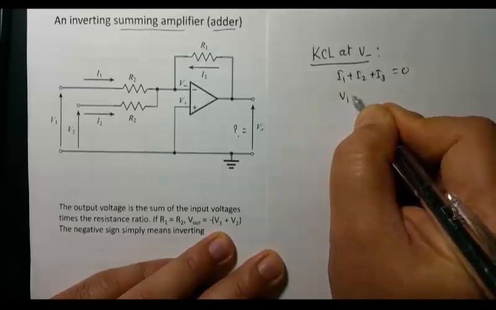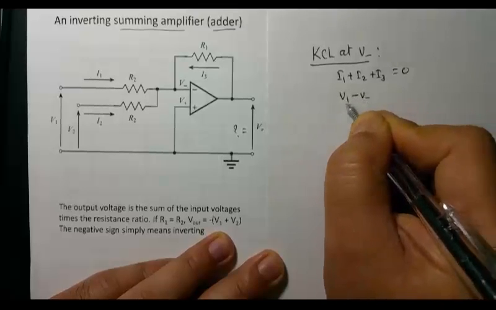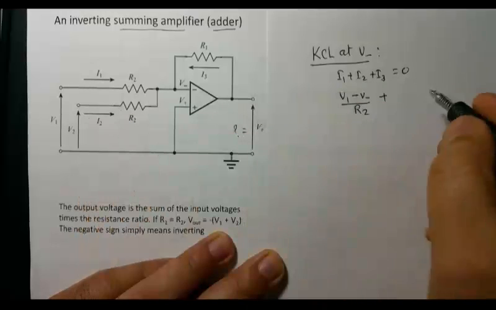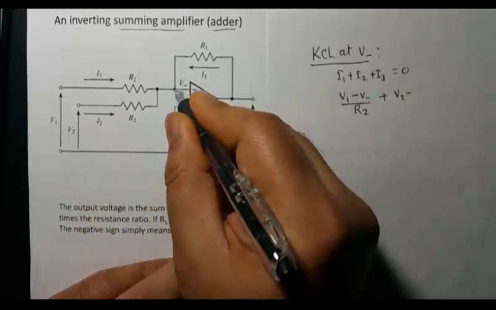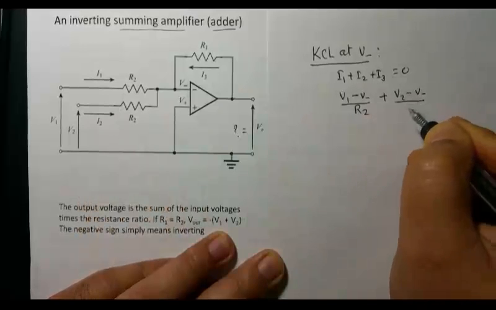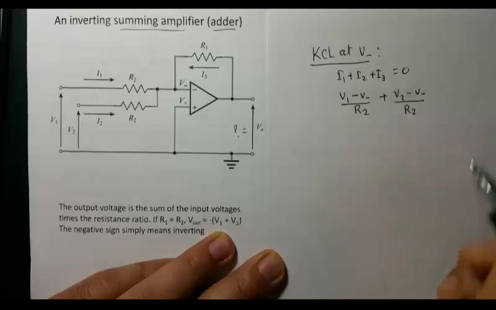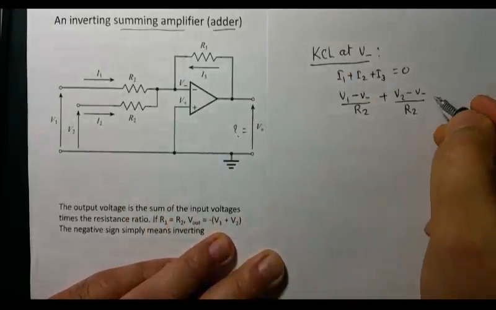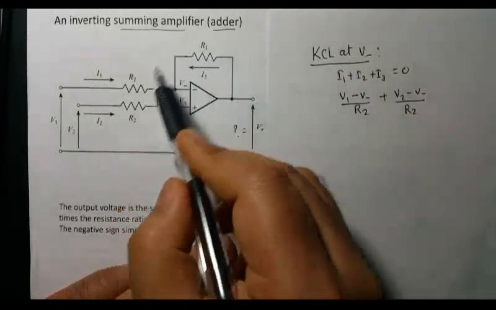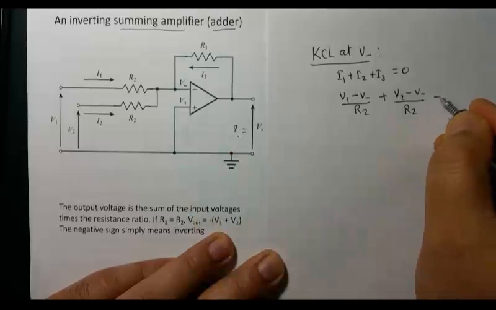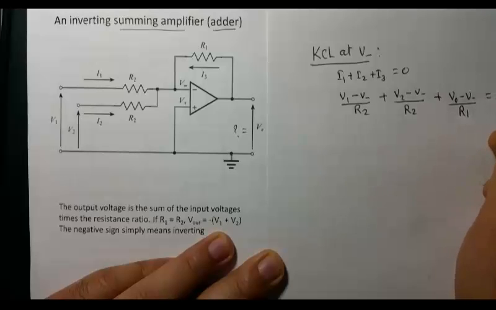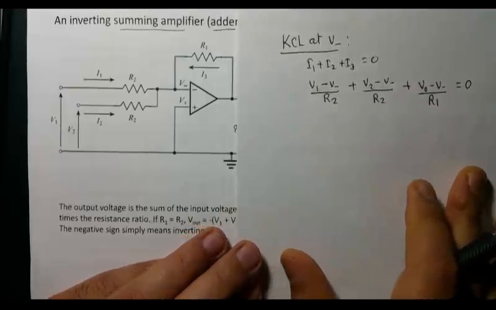I1 is (V1 minus V negative) divided by R2, plus I2 is (V2 minus V negative) divided by R2. So these two resistors must be the same if you want to configure this as an adder. Plus I3 is (V out minus V negative) divided by R1. So all sum equal to 0, right?